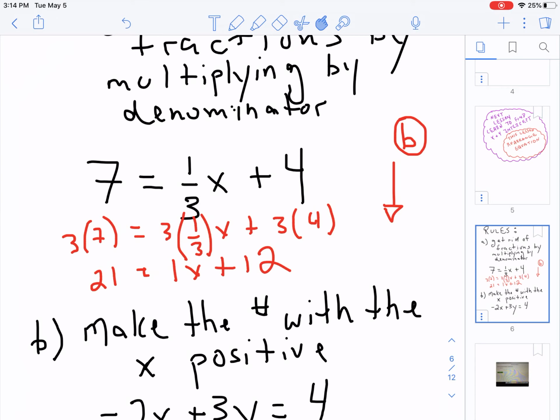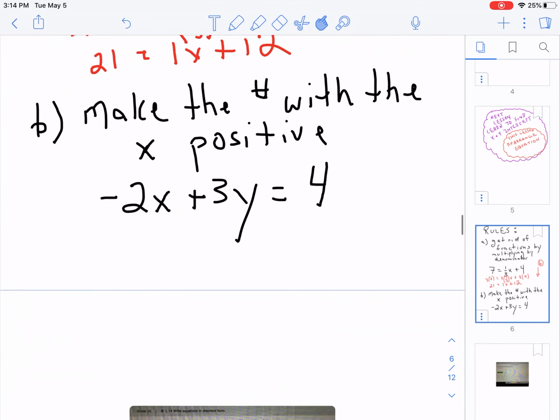The second rule is to make the number with the x positive. You see how this is negative? That won't work. We have to turn it positive, and the way we do that is we multiply every term by -1.